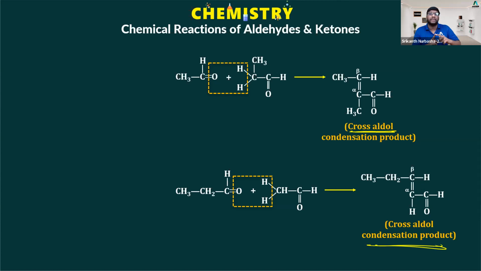Which is the slowest step? In that particular step, whichever nucleophile or C=O group is more prone to nucleophilic attack will be the major attack. Are you getting this or not? Yes, sir. So we have to know the rate determining step first.